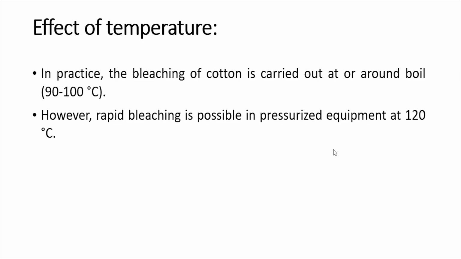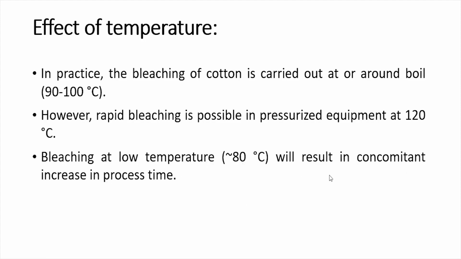So, for a rapid process, you can increase the temperature in a pressurized equipment. You can go up to 120 degrees Celsius or 130 degrees Celsius. That will decrease the time of process. However, you can do the bleaching at 80 degrees Celsius. So subsequently, it will increase the time of process.